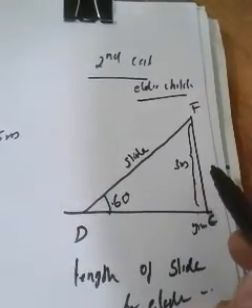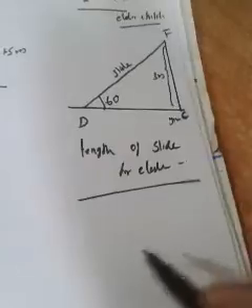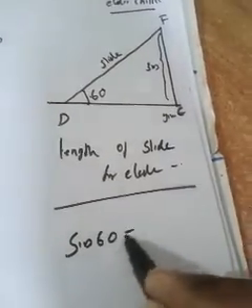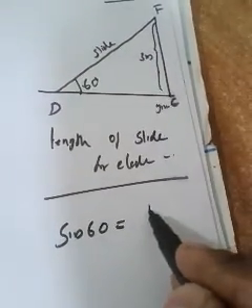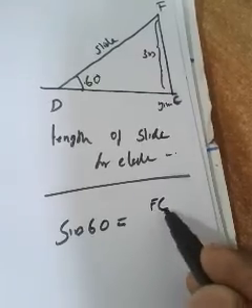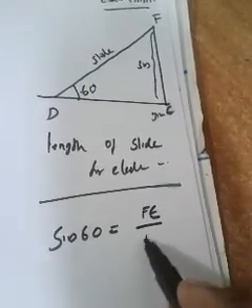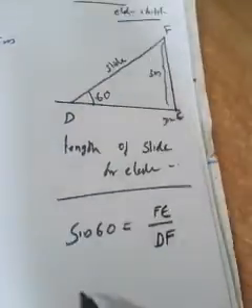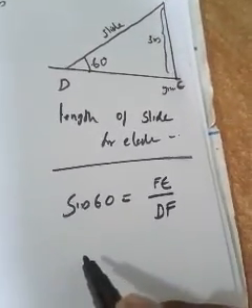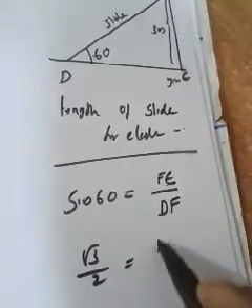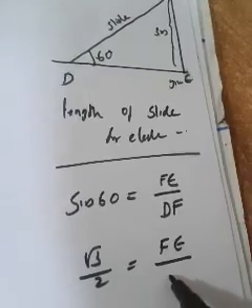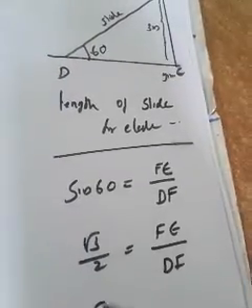Again, which is the ratio connecting opposite and hypotenuse? Sine is the ratio. So apply sine on 60. Sine 60 is equal to opposite by hypotenuse. Opposite is nothing but FE, and hypotenuse is nothing but DF. From the figure it is very clear, and the value of sine 60 is root 3 by 2, equal to FE by DF.